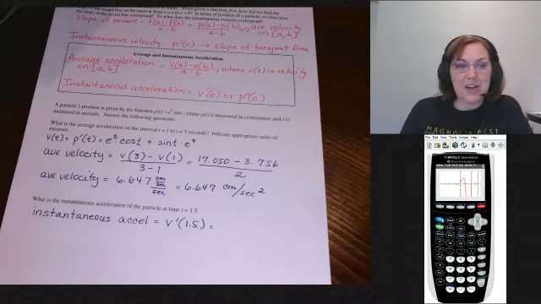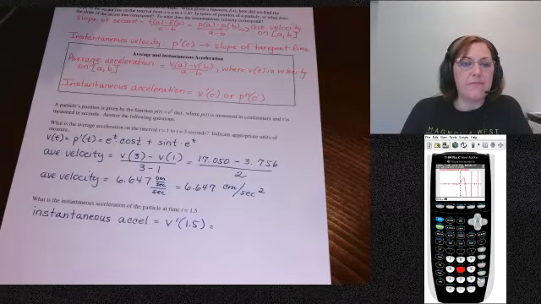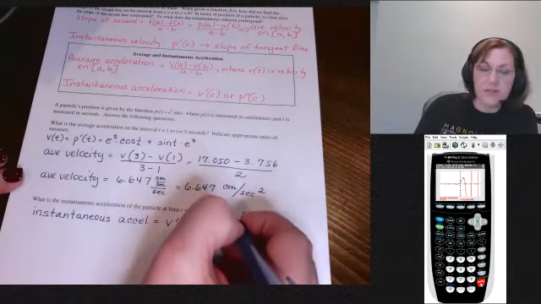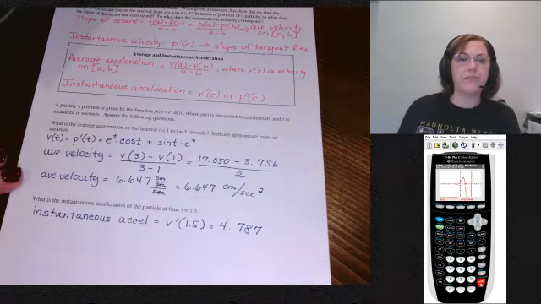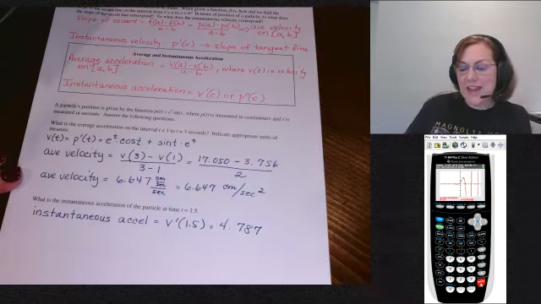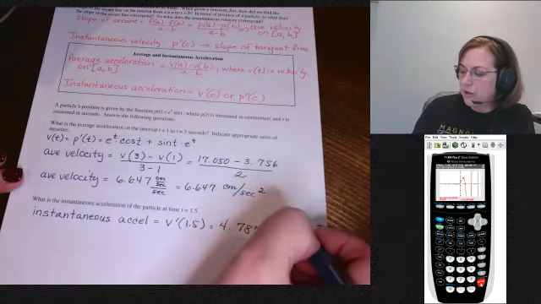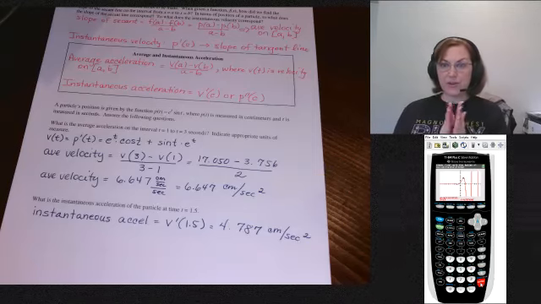So I'm going to ask the calculator to find the derivative. Second, trace option number 6 and type in your 1.5. And we're told that this is 4.787. Units are the same for acceleration, so it's centimeters per second squared. Okay, so far so good.